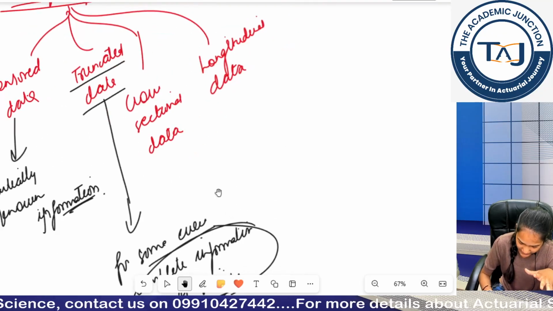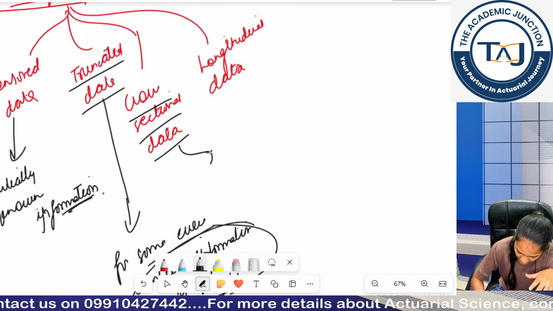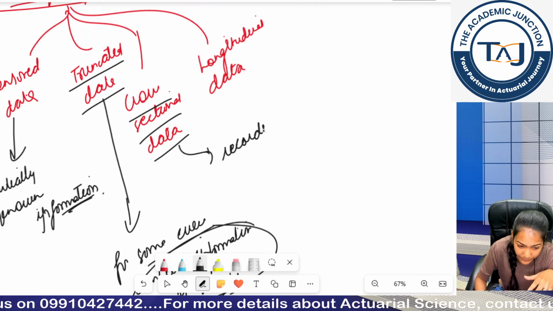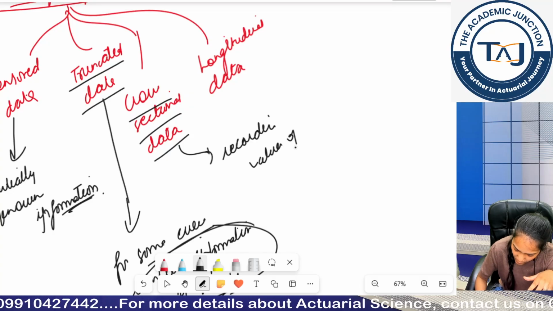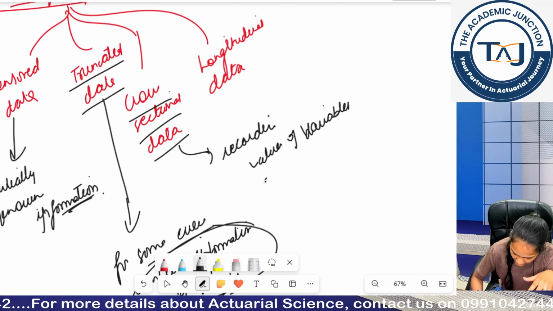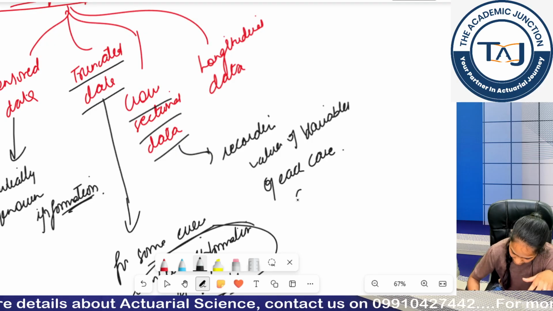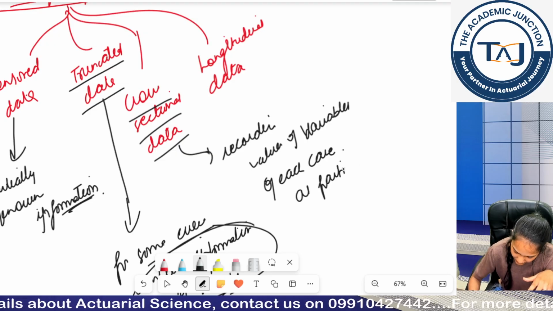Then we have cross-sectional data. Cross-sectional data is basically recording values of variables of each case at a particular point of time.